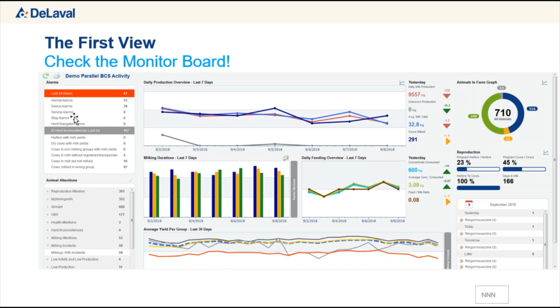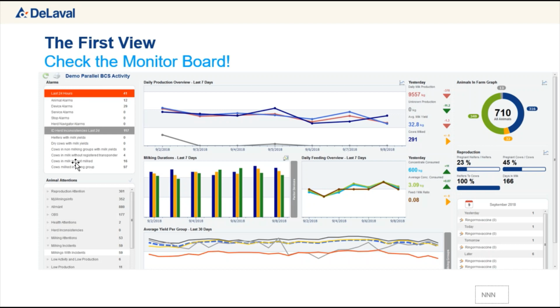And on the left section, we have different reports. And here we get the information for individual cows. For example, how many cows need to be checked for what purpose in terms of reproduction, in terms of milk production, in terms of treatments, etc. Plus, we get alarms for last 24 hours.